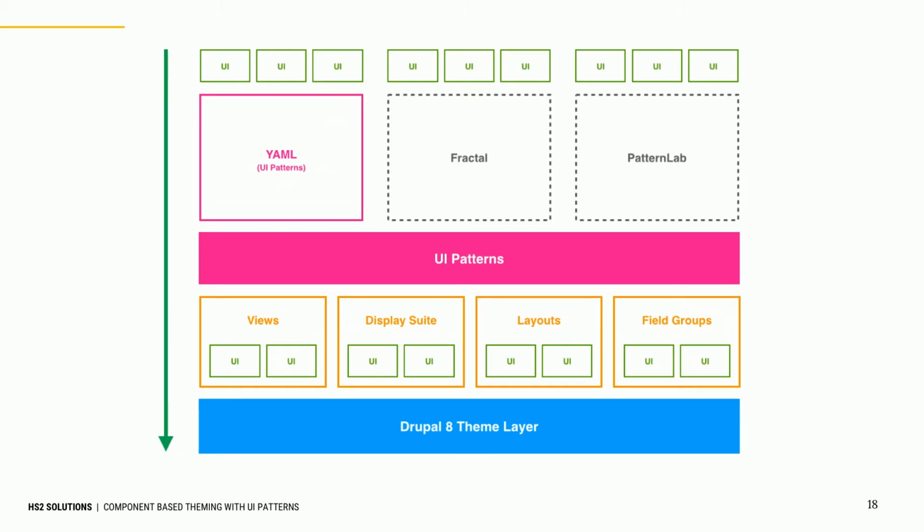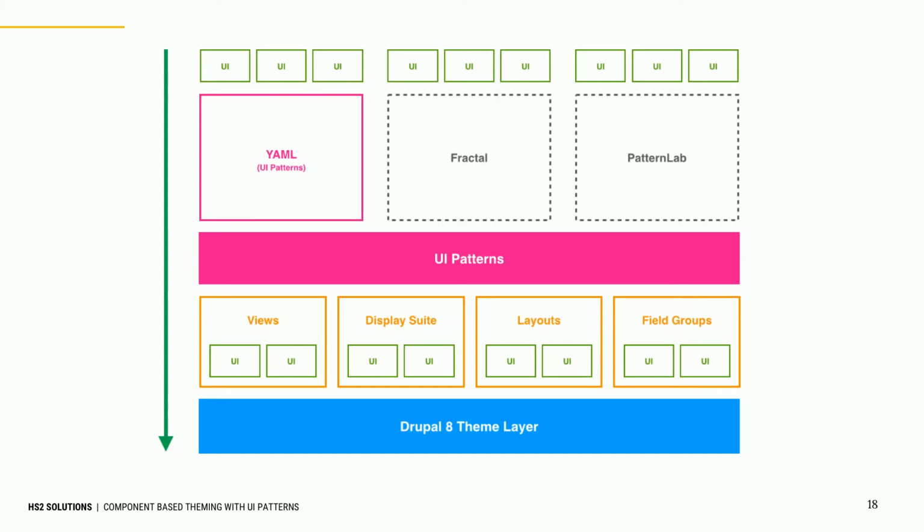So this image here is from the UI Patterns project page, but it gives a nice visual overview of all the pieces of the puzzle. That first pink box, the YAML box: by default these patterns are defined in YAML files. It's Drupal 8, there's got to be a YAML file somewhere. And we'll look at exactly how you do that.